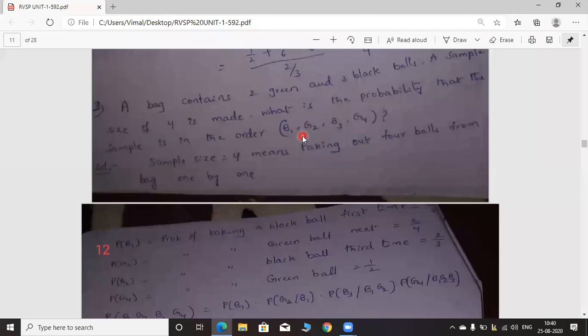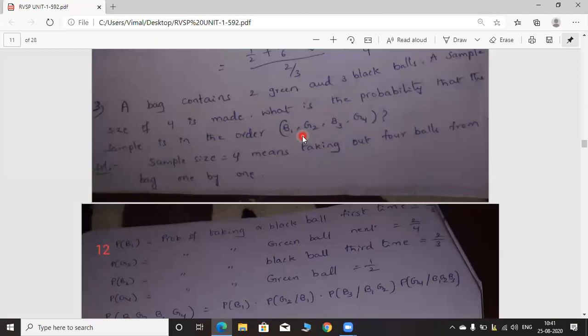So a bag contains 2 green balls and 3 black balls. We have to pick 4 balls from the bag one by one, one after another, not at a time.